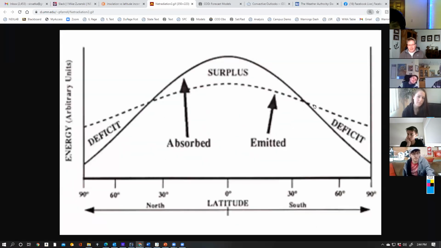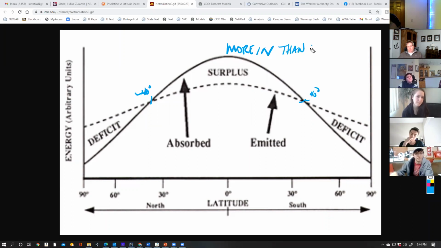So we said that from around, let's say 40 degrees to the poles on an annual basis, there is more coming in than going out. But from 40 degrees to the pole, what does this deficit mean?